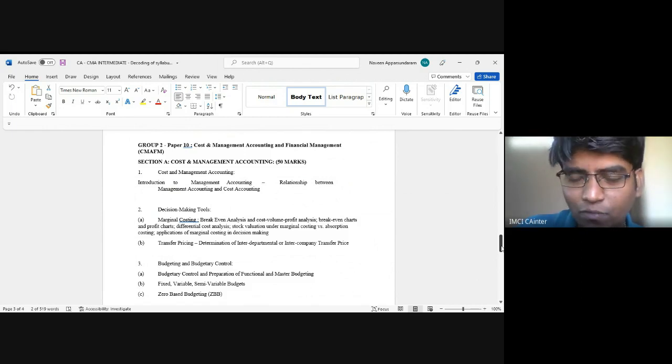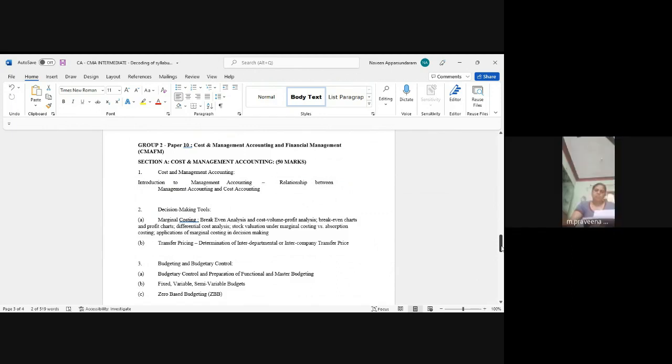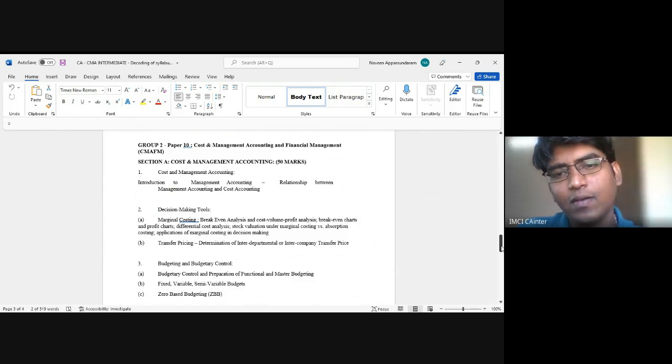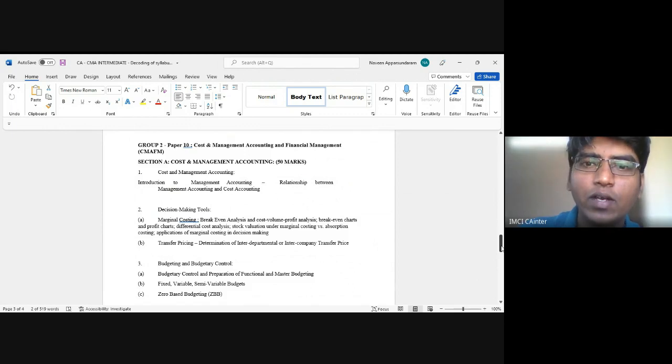This has been one of the new introductions for intermediate students in CMA, which happened in January. The examination was about to happen in December, then it was moved to January. Even the theory has to be typed. There will be a blank area given under a question, and you have to type the answer there.